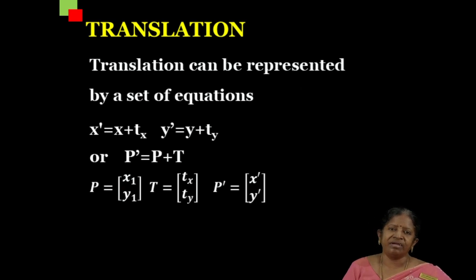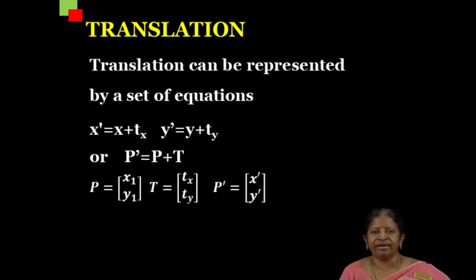The translation can be represented by the equations x dash is equal to x plus Tx and y dash is equal to y plus Ty. So, x dash and y dash are the translated point's coordinates. The original point is represented by x comma y. We can write the translation in the form of a matrix as T equal to Tx Ty.